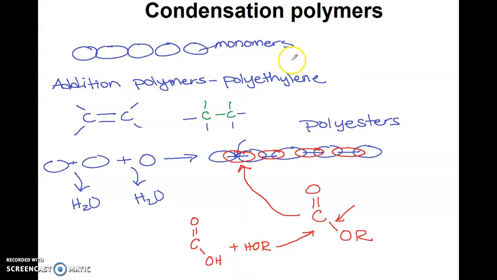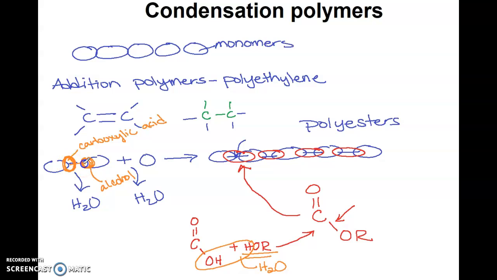And what do we lose? What's lost through that process? A water molecule, an H2O molecule right there. What that means is that on one side of our monomer, we must have a carboxylic acid group, and on the other side, we have to have another group that can give us this ester linkage, so this is an alcohol group.